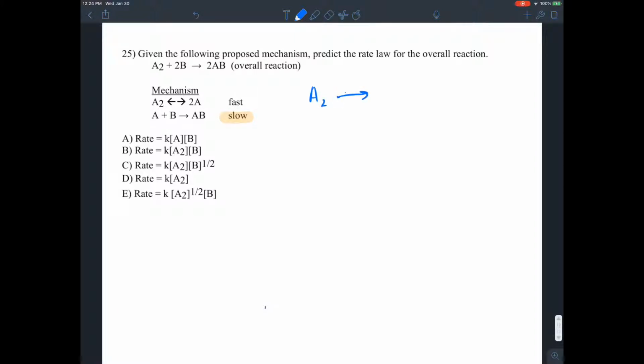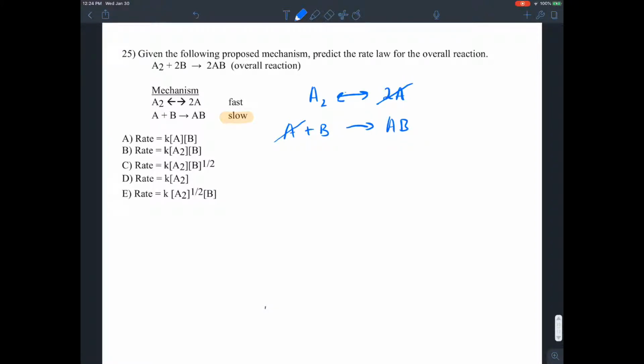Now let's identify some really key features of a mechanism. So we have this forward and backwards arrow in 2A. We have A plus B, another forward arrow, and AB. Okay, so when we see that, if you recall, in lecture or in Chemistry 101 for that matter, when you're given a set of equations like this, similar to Hess's law in thermodynamics, you can cancel reactants and products found on the opposite side of arrows.